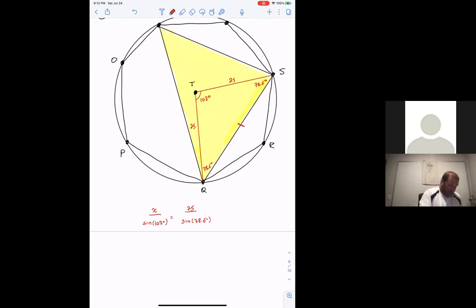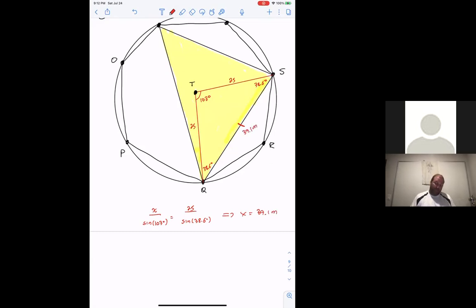So sine of that times 25 divided by sine of that gives me that x is equal to 39.1 meters. That makes so much more sense.